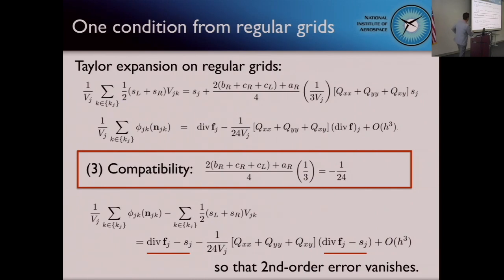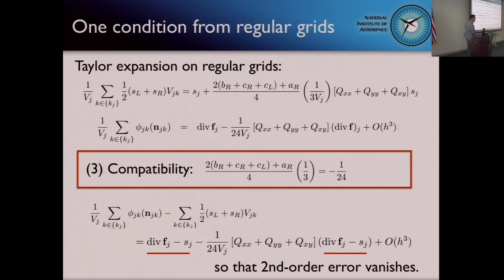This involves a lot of calculations. Taylor expansion on regular grids. This is in 2 dimensions. You can find there is no first order error, but here is the second order error. And I find it remarkable to find the same form as the conservation law.